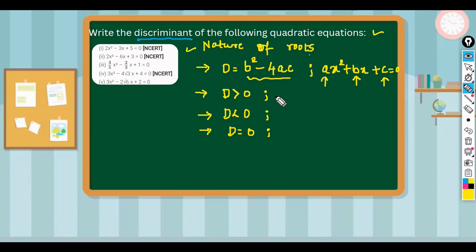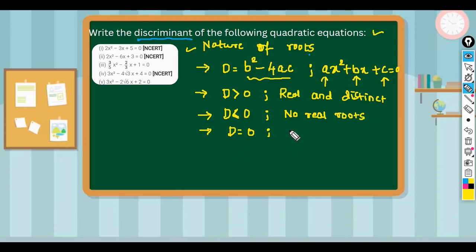If the value of D is greater than 0, then we call such roots real and distinct. Real means a real number. Distinct means different. The roots will be different. If the value of D is less than 0, then no real roots exist. You have to write no real roots.